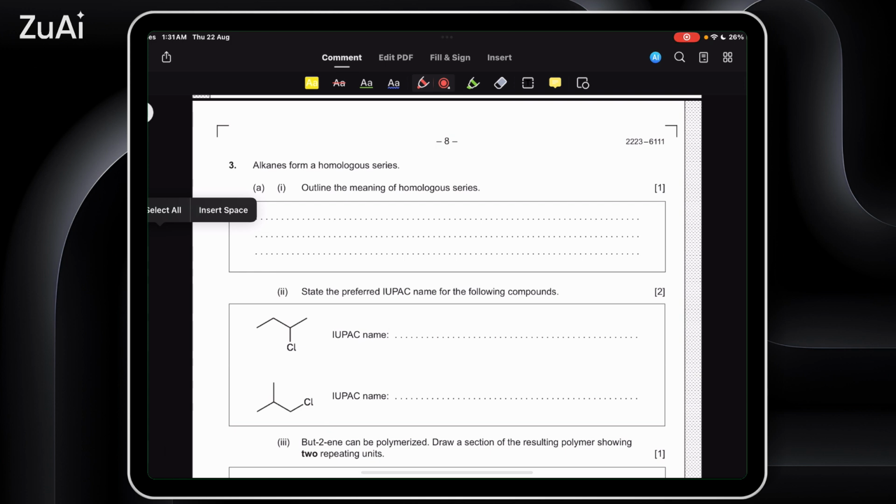Homologous series, they have the same general formula and the same function.